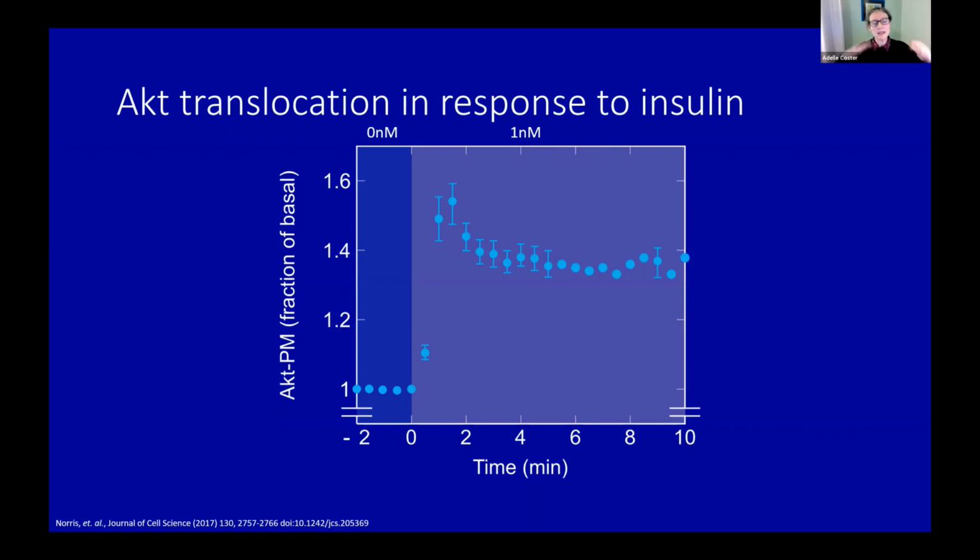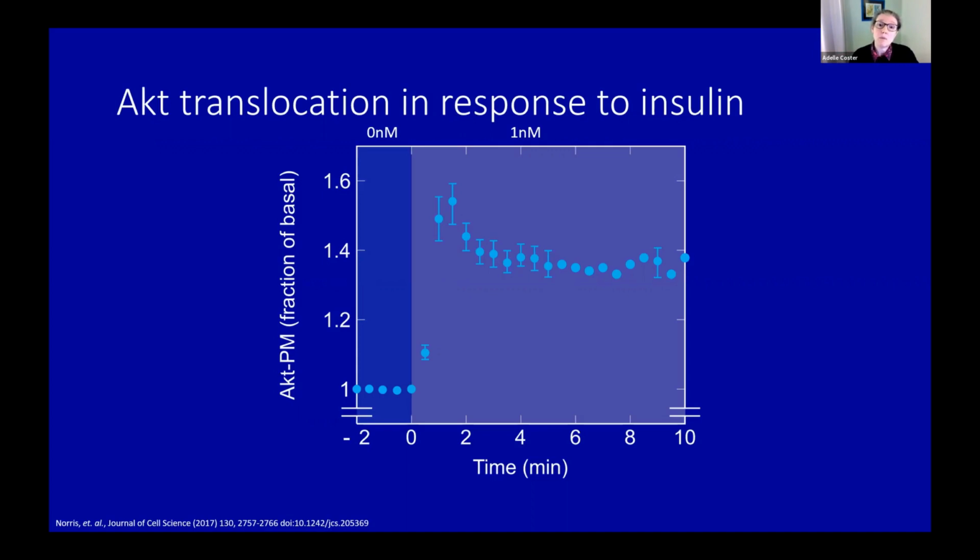Okay, and they let it then respond, and it then translocates AKT at a given rate. Just because you don't have any insulin in the system doesn't mean that the AKT is not moving around and being phosphorylated. There's lots of functions that it does. So there is a normal amount of AKT at that plasma membrane when there's no insulin.